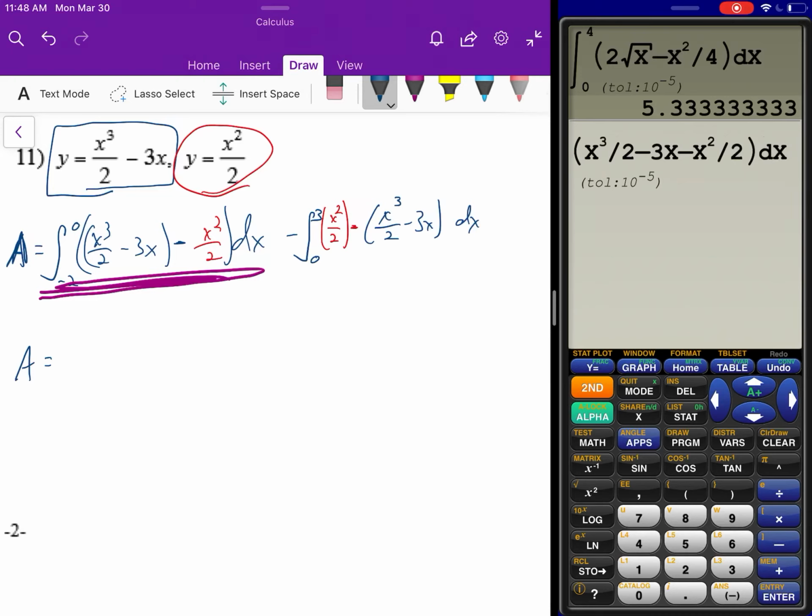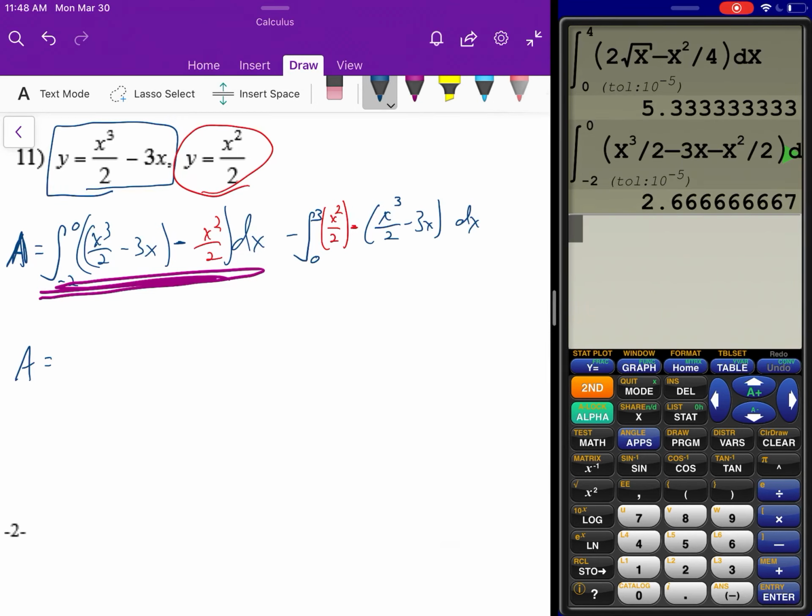Well, since I have it, I'm just going to hit enter here. So that's 2 2/3. So our first one is 2 2/3. I'm sorry, I messed up right here. We're adding the two areas together, not subtracting them. I should not put a minus sign there. That should be a plus sign. I'm sure you all caught that already. And then we're going to add our next integral, our next area.